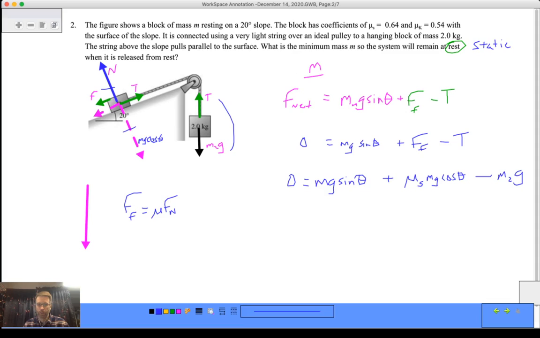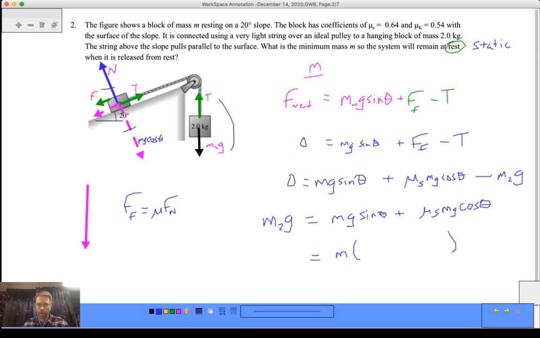I'm going to take a minute and clean it up. I'm going to put m2g on the other side. Those are both numbers. Over on the right side, I've got mg sine theta plus mu static mg cosine theta. And the best news is I can just pull an m out of that and have everything else in a big old parentheses.